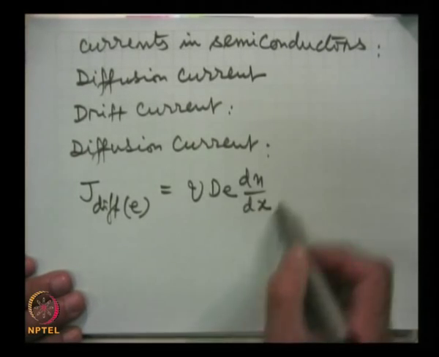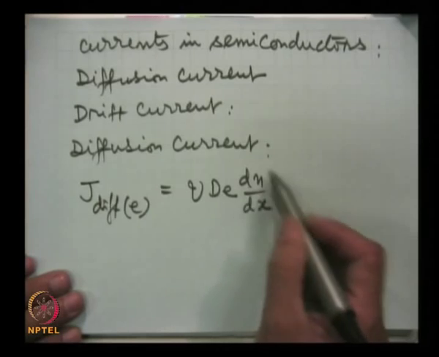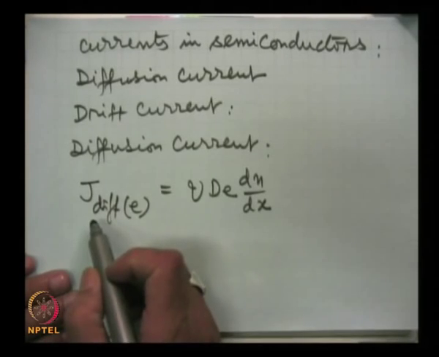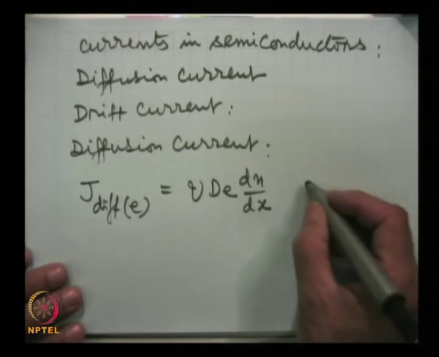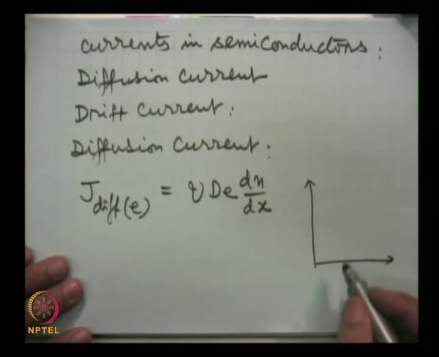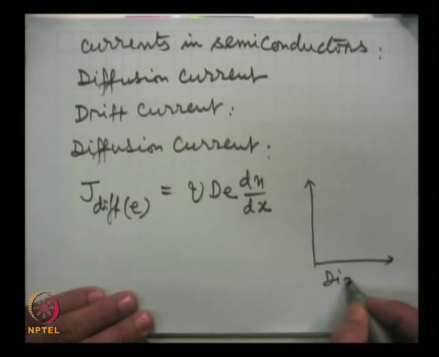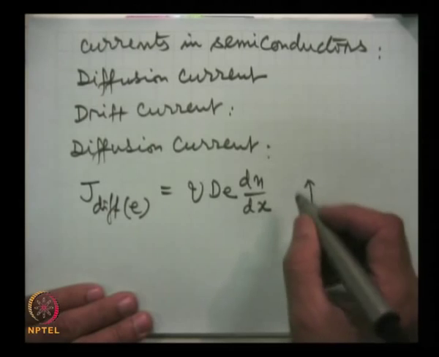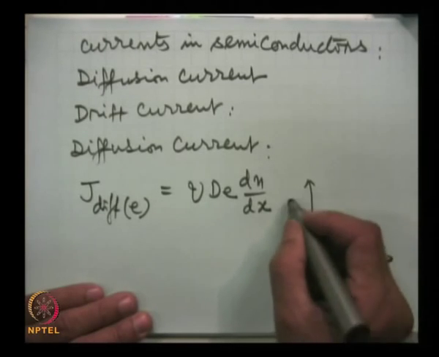This is the gradient. If there is no variation, this factor is 0, and the current due to diffusion will be 0. This we can show like this. This is distance and this is electron density.